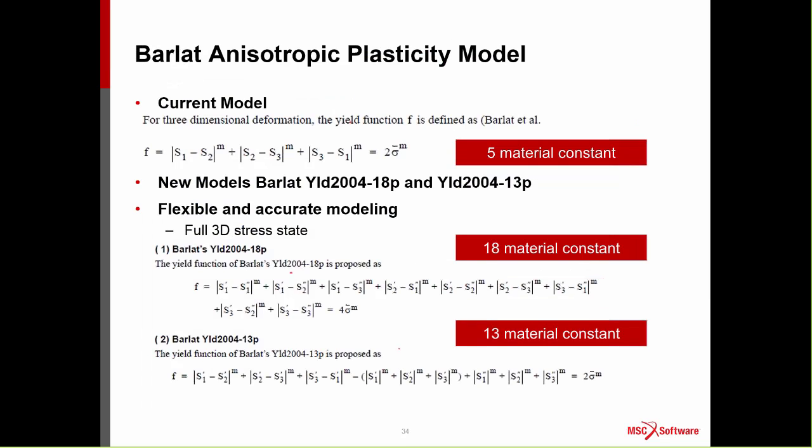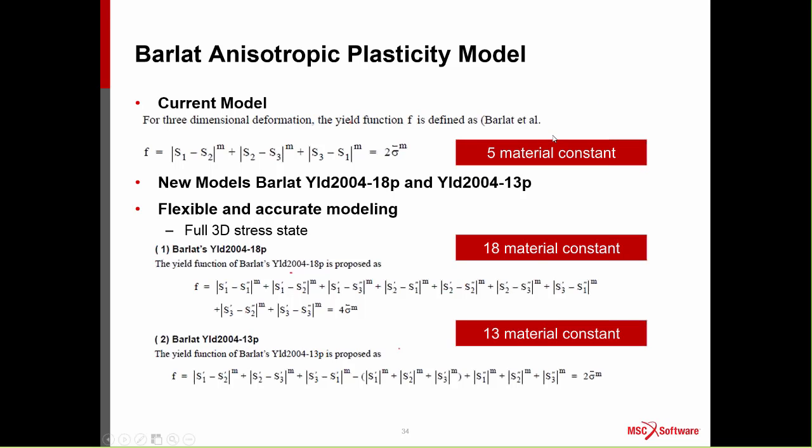Another thing that we did in the area of material behavior was we introduced a couple of new anisotropic plasticity models. These are traditionally used in aluminum material, but could be used in steel as well. If we roll a metal, we induce anisotropy in the material, and then if we form it, that anisotropy would influence the behavior.